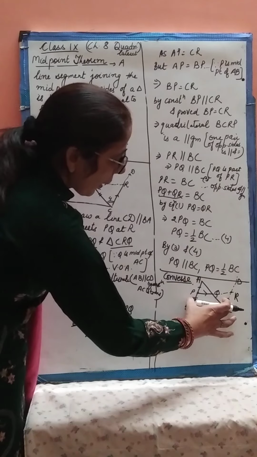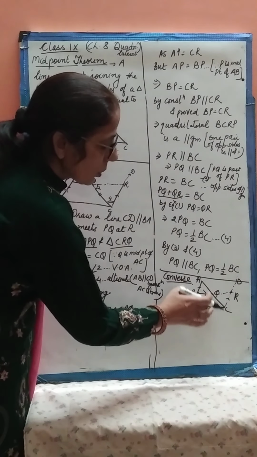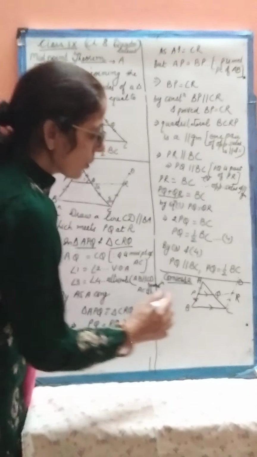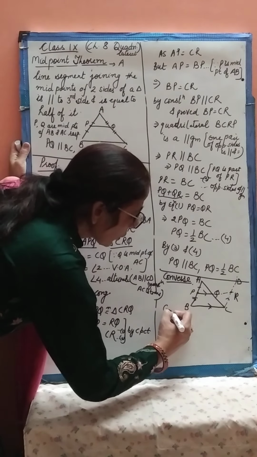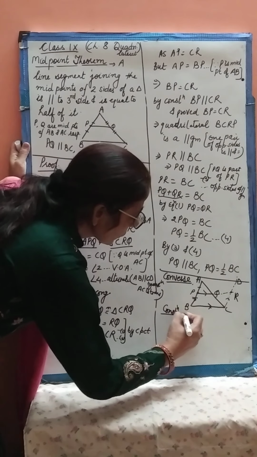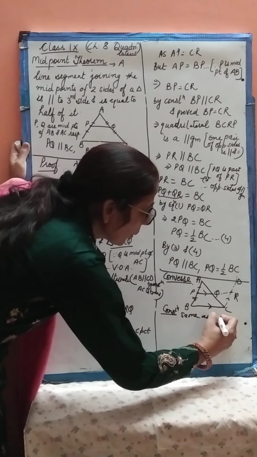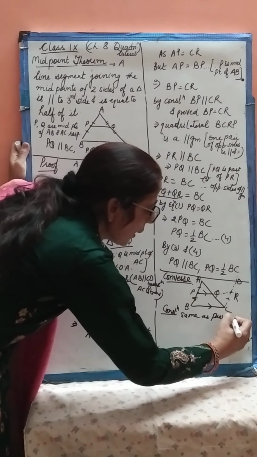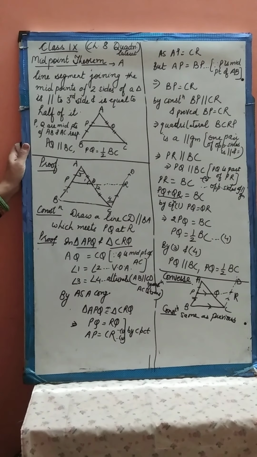These two sides are parallel by construction, and this is also given to be parallel. So here the construction is the same as previous. Now for the proof, we will be starting from which side?